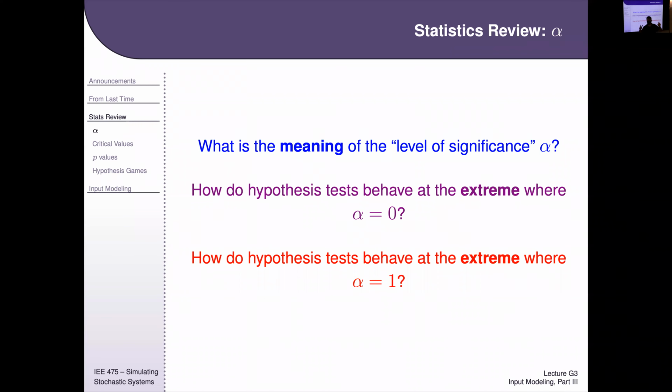So that's a definition you can memorize, but do you feel it? Do you really feel that definition? That's what these two questions are about. If I gave you a statistical test that had an alpha equal to 0, how would it behave? What do we know about a statistical test that has an alpha equal to 0, a type 1 error equal to 0?